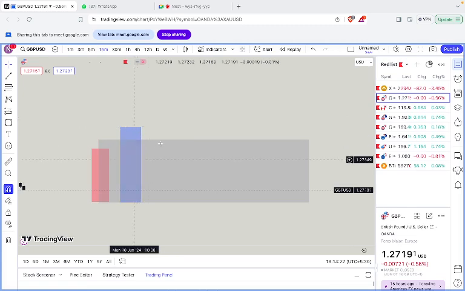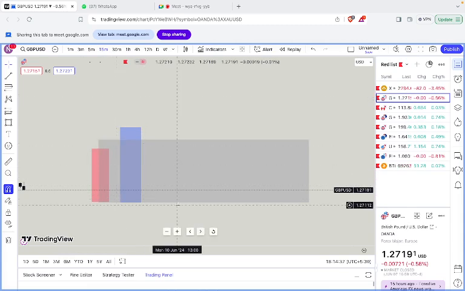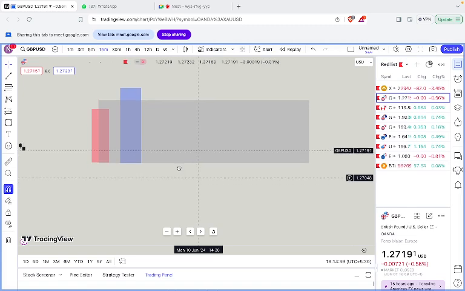This gray box is called the engulfing buy zone, and we call it bullish engulfing because the complete body, including the wick, also called shadows, is completely engulfed by the blue candle. Engulfing sell is the same, just quite opposite.